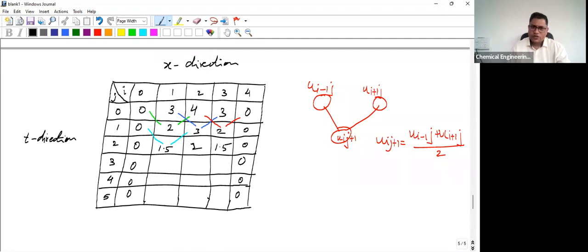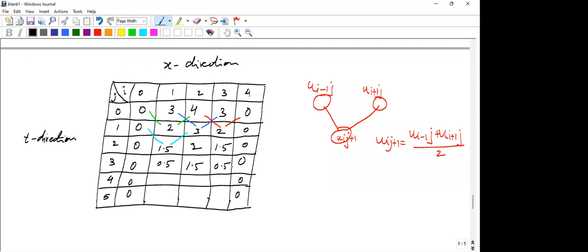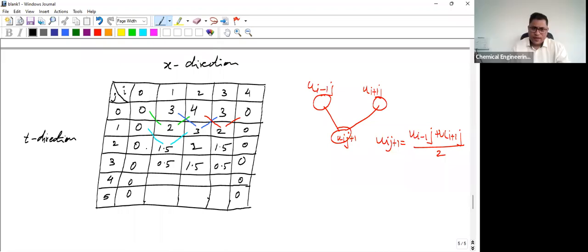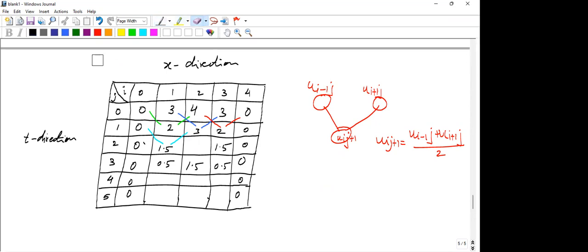Are you getting this? This value will be the average of these two. Now we have this is 0.5, this is 1.5, and this is 0.5. How is that 0.5? That should be 1, no? Average of this 0 and, yeah, this is 2. Wait.